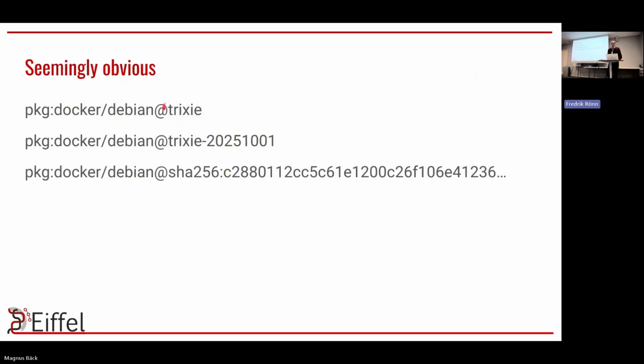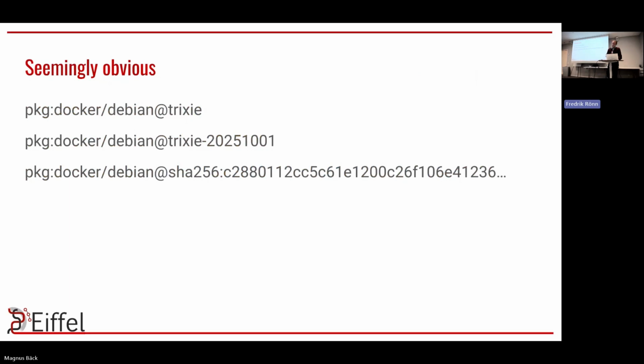But the version in this case is very mutable. It changes every day. So it's very convenient if you only want to get the most recent Trixie image of Debian, you can just pull the Trixie image and you'll get that every day. That's very convenient. But it changes every day. So it's not very good for traceability to say afterwards, oh, I built with the Trixie image. Sure, but which one of the hundreds of Trixie images?